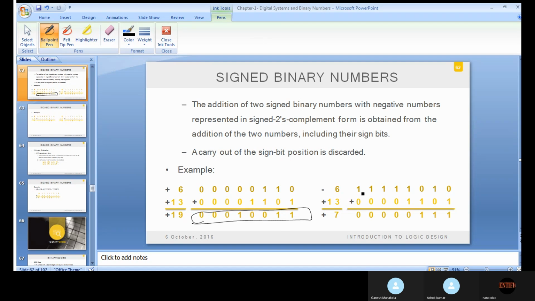In this, you are taking the complement of -6: zeros will become ones and ones will become zeros. Taking -6 and adding +13, the result which you are getting is 7.